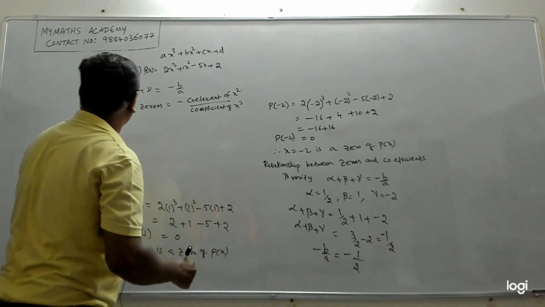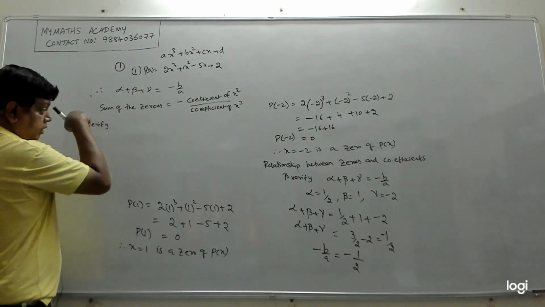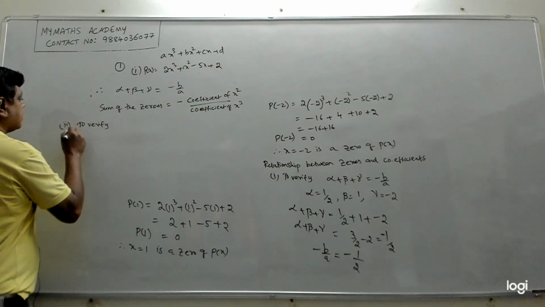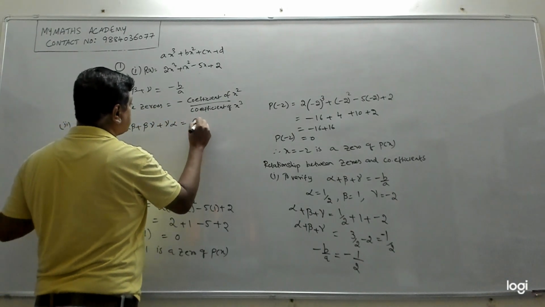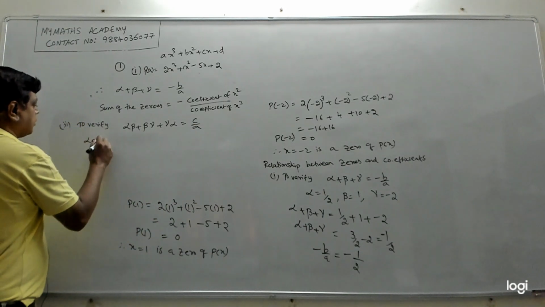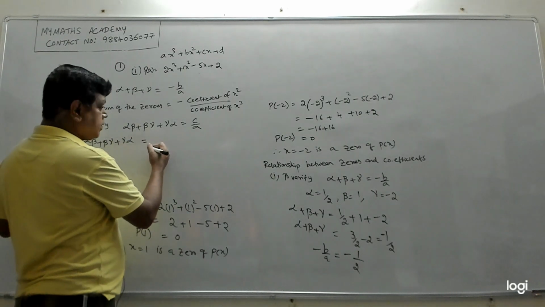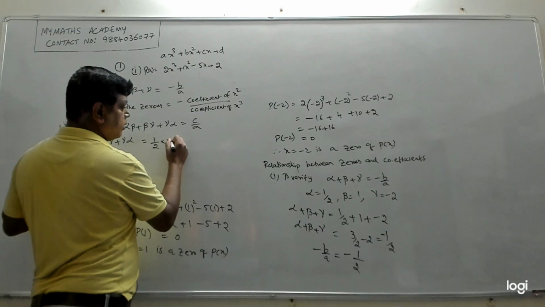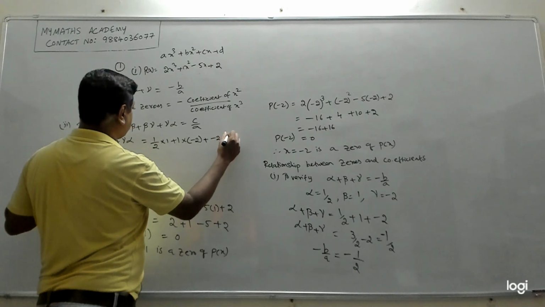The second relationship we have to verify is alpha beta plus beta gamma plus gamma alpha equal to c by a. Let's find it. Alpha beta plus beta gamma plus gamma alpha equals alpha is 1 by 2, so 1 by 2 into 1, plus 1 into gamma, which is minus 2, plus gamma, which is minus 2, into alpha, which is 1 by 2.